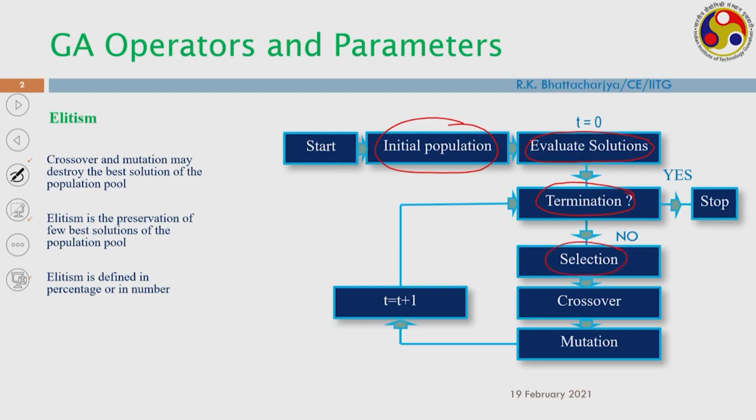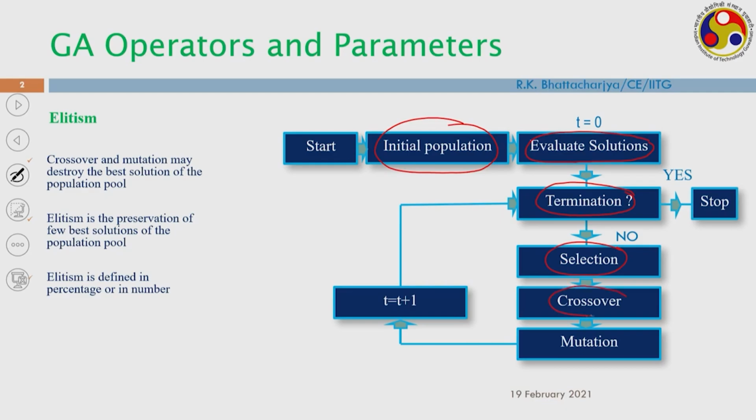Then the main function of the selection operator is to create multiple copies of the better individuals and eliminate the inferior solutions. The worst solution will anyway be eliminated, and some of the inferior solutions will also be eliminated here.